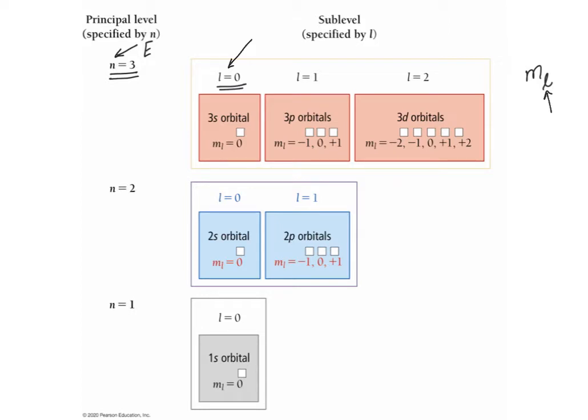So if you look at it combined, we're at this point considering three different main energy levels, n=1, n=2, and n=3.